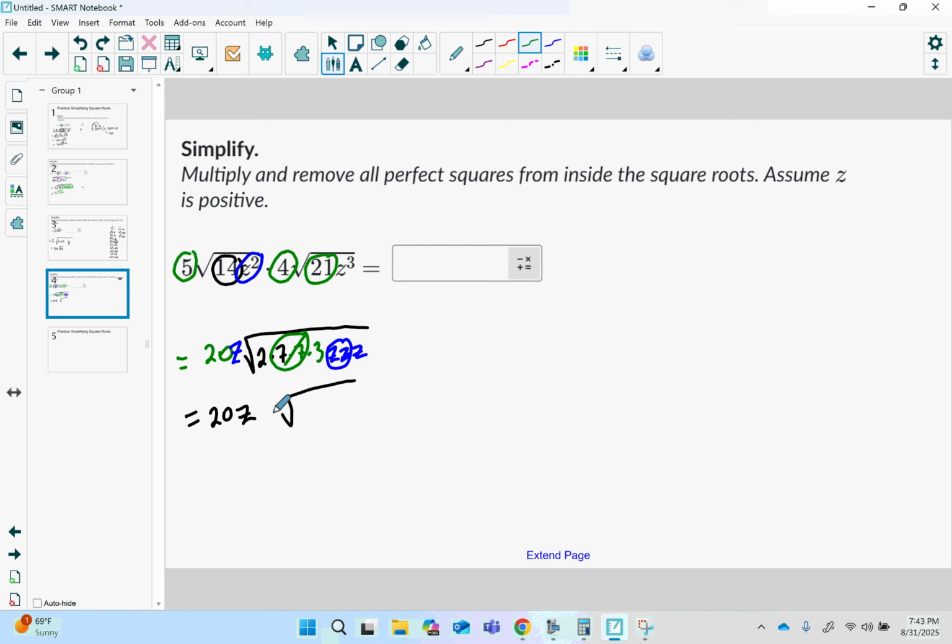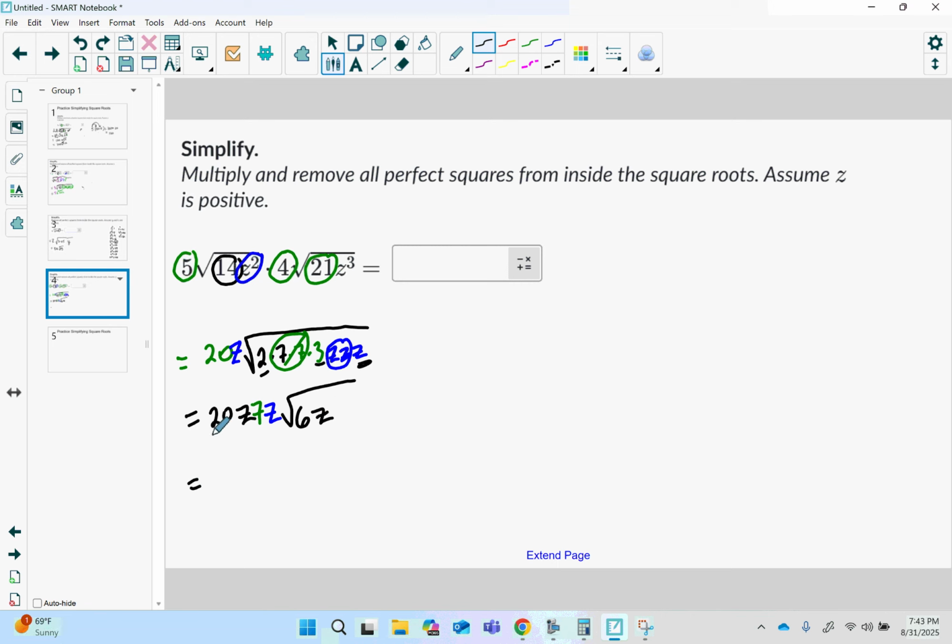So this is going to come outside the radical as just a regular 7. And this pair of z's is going to come out as just a single z. And then what is left underneath the radical is 2 times 3, which is 6. And then I've got that last lonely z.